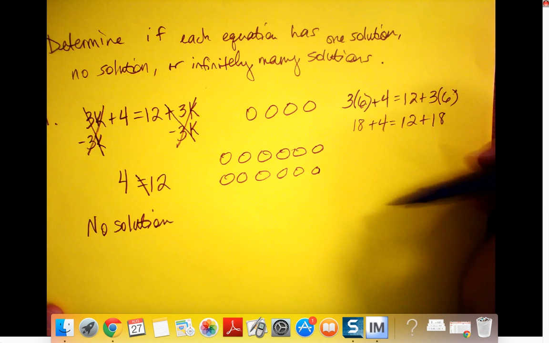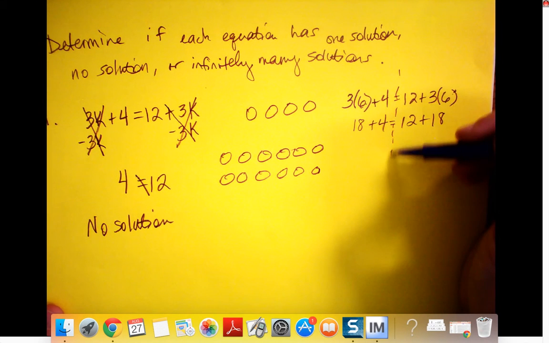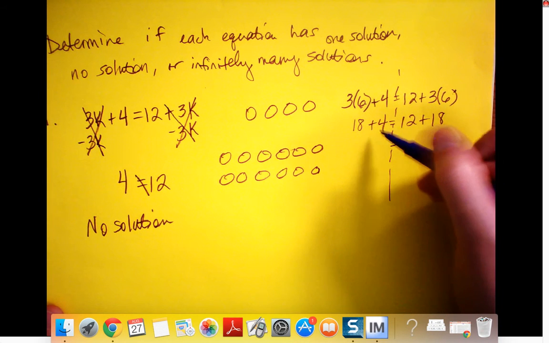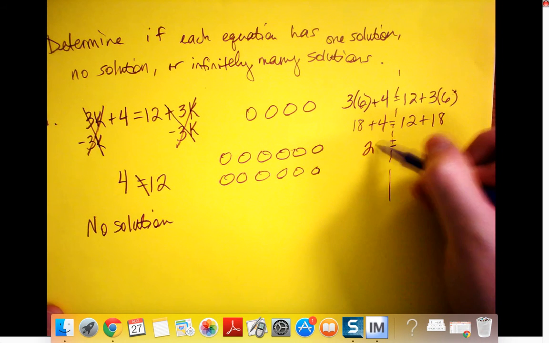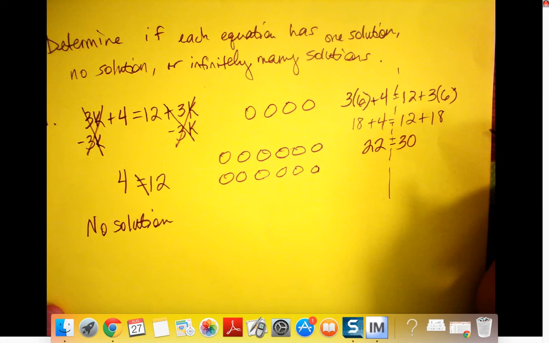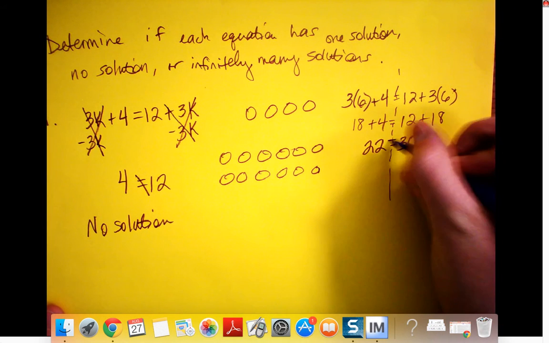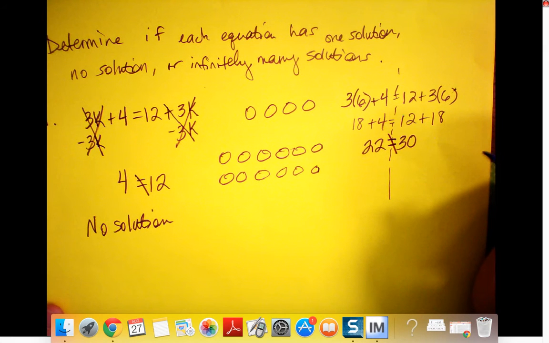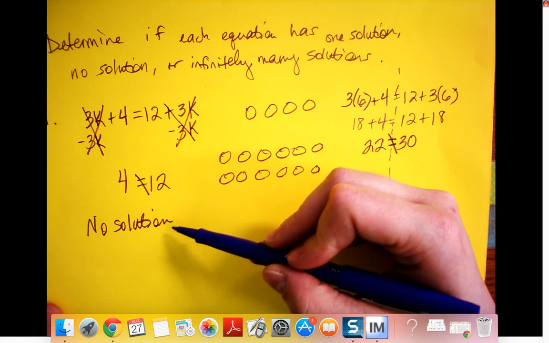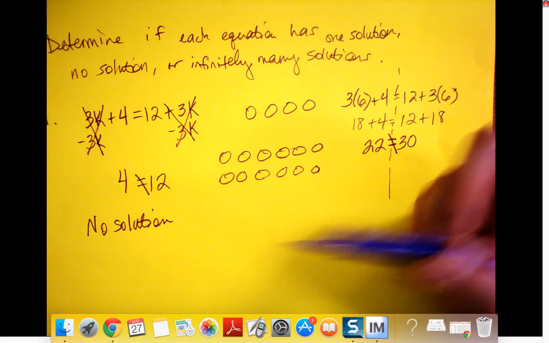The equal sign continues to come down, and we simplify the 18 plus 4, which is 22, and then the 12 plus 18, which is 30. Is that a true statement? The answer is no. So we have just double checked to make sure that our no solution is correct.